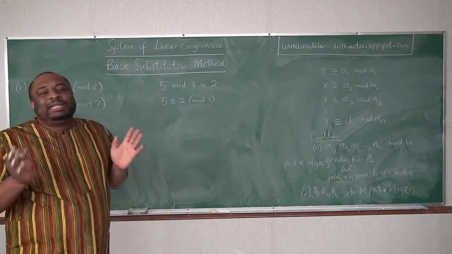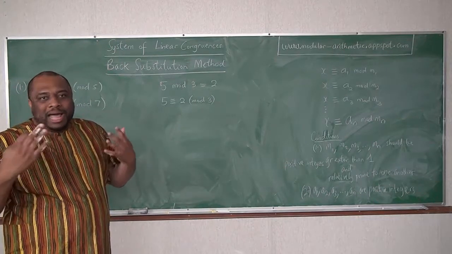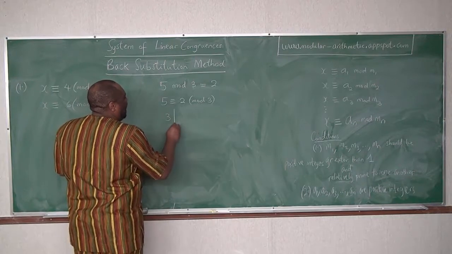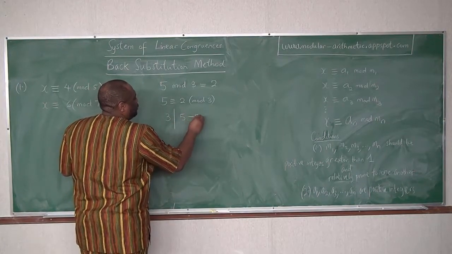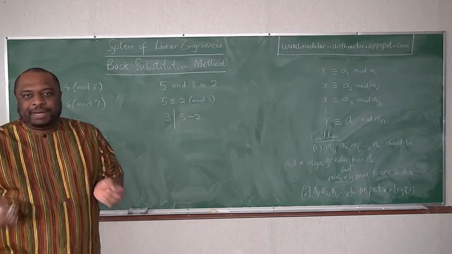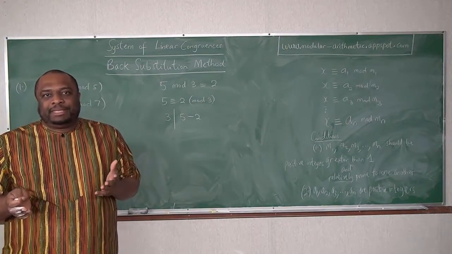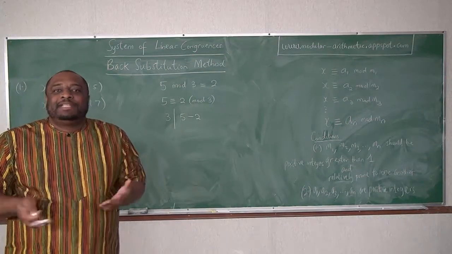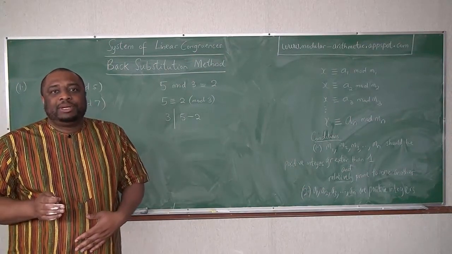Now, what this also means is that 3 can divide 5 minus 2. 5 minus 2 is divisible by 3. That is what it means.